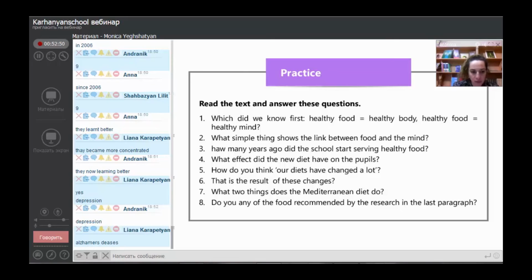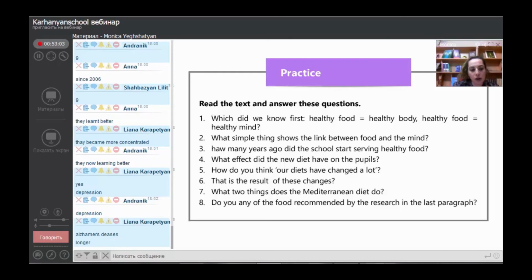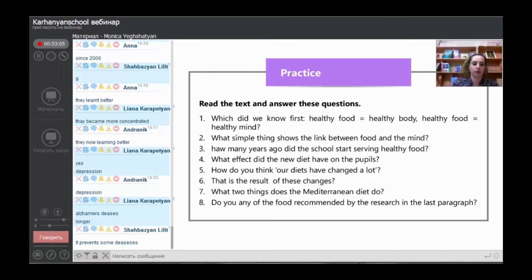And what else? The other one? It helps us live longer. Yes, it prevents some diseases and helps us live longer. Okay, now let's answer question number 8.